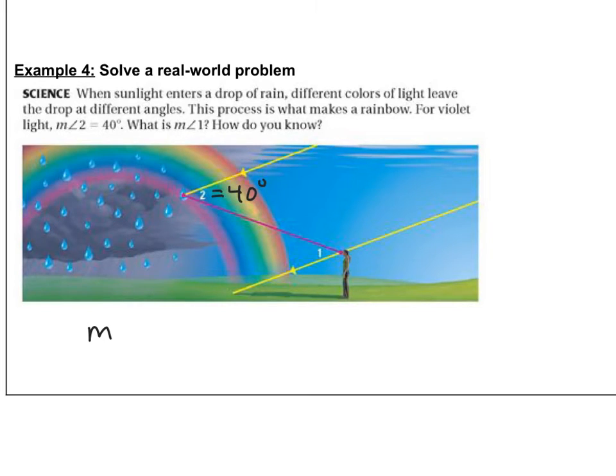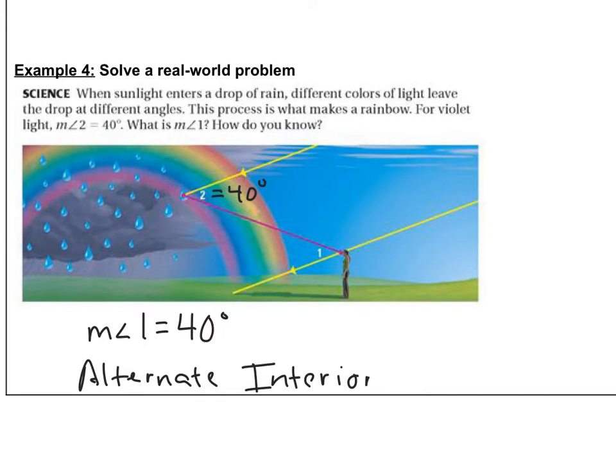So what do we know about alternate interior angles? That's right, they are congruent. So the measure of angle 1 is 40 degrees, and we would say that is due to the alternate interior angles theorem.